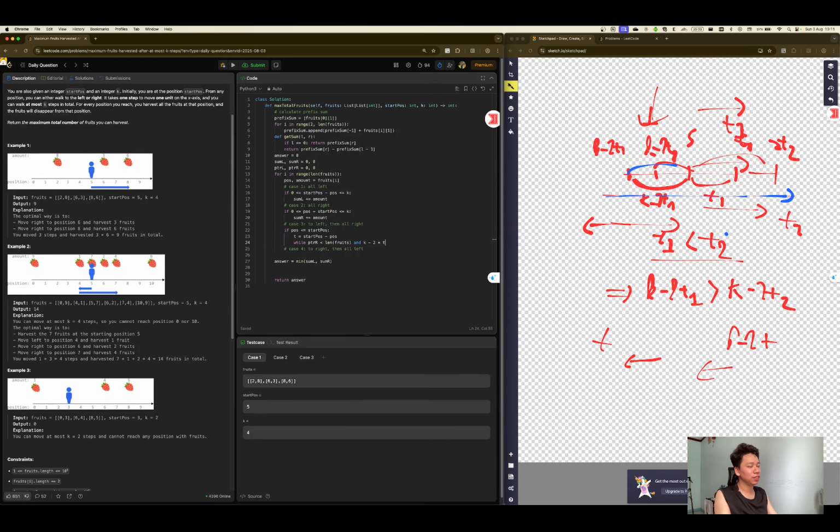The remaining we calculate from the distance, increasing, still less than or equal. So I'm going to check the position of the pointer right and 1 minus start pos.